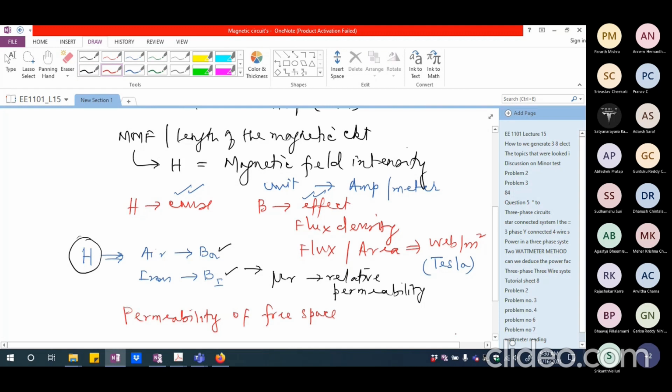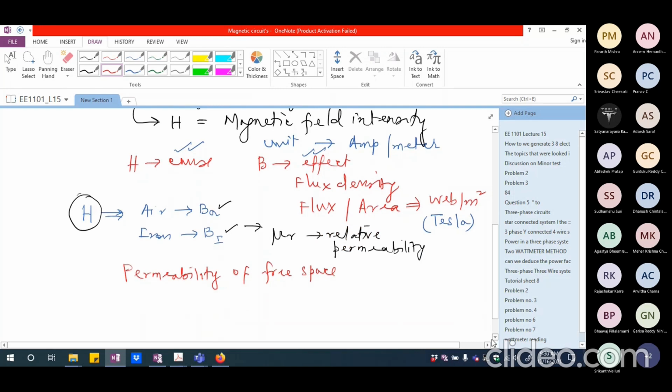The definition of ampere in SI units says that if there are two parallel conductors placed in vacuum or free space, 1 meter apart, and the force between them per unit length, with the length also 1 meter, is 2 multiplied by 10 power minus 7 newtons, then we say that the current carried by each of these conductors is 1 ampere. That is the definition of ampere.